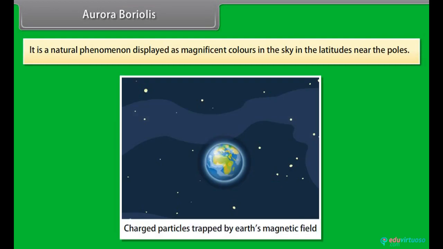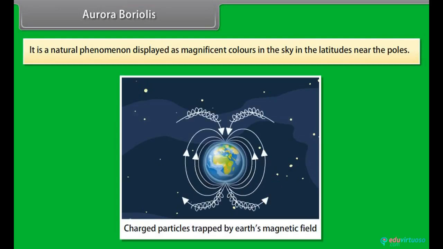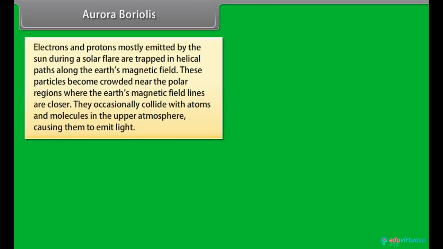Aurora Borealis. It is a natural phenomenon displayed as magnificent colors in the sky in the latitudes near the poles. Electrons and protons mostly emitted by the sun during a solar flare are trapped in helical paths along the Earth's magnetic field.